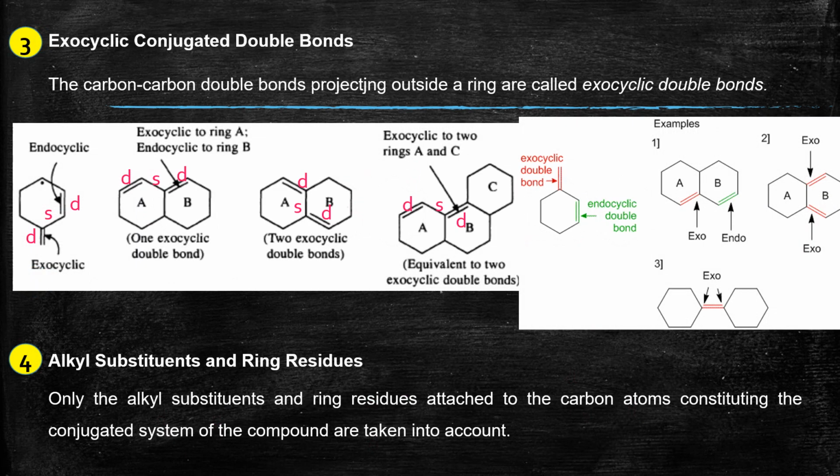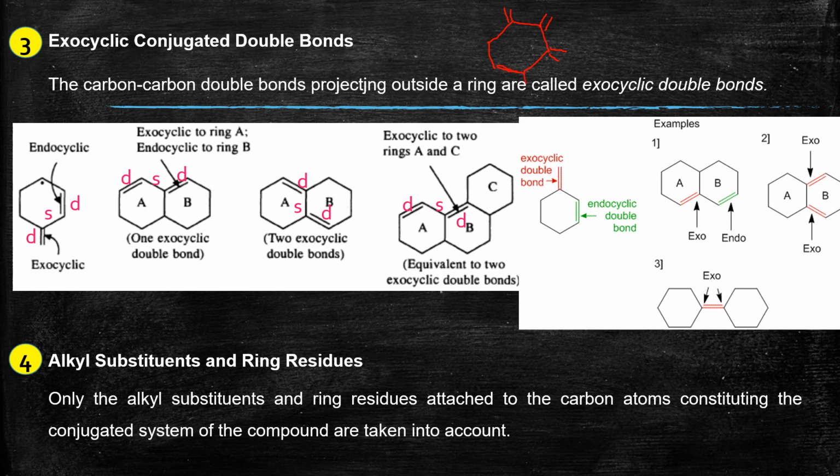And come to the third one, exocyclic conjugated double bonds. You have to know the basic things. I am giving an example on the drawing. If a carbon-carbon double bond projects outside a cyclic ring, we call this an exocyclic double bond.